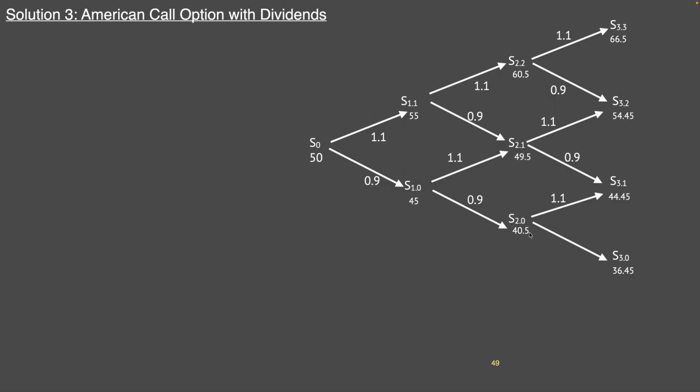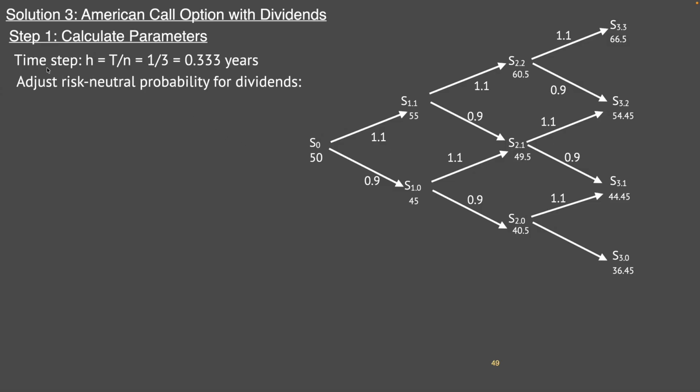So 40.5 into 1.1 will be 44.55, and 40.5 into 0.9, I have not written 0.9 here, please take that, becomes 36.45. So at the end of the third stage, the stock price of the underlying can be 66.55, 54.45, 44.55, or 36.45.